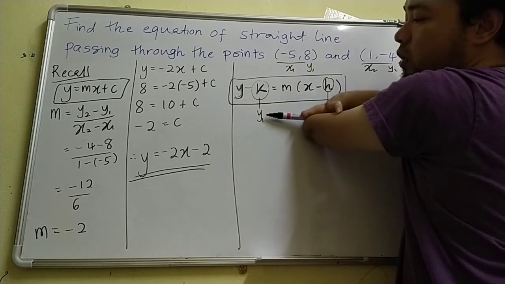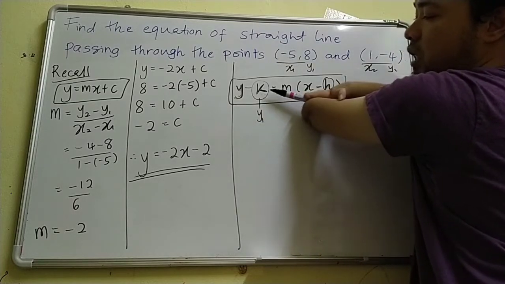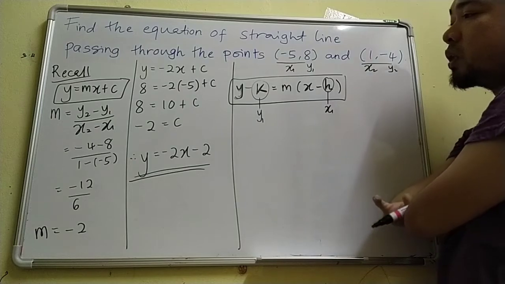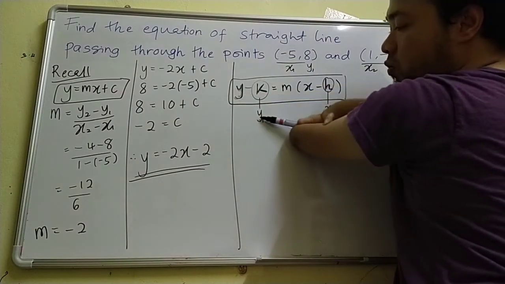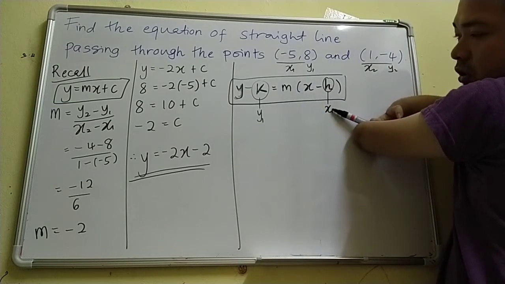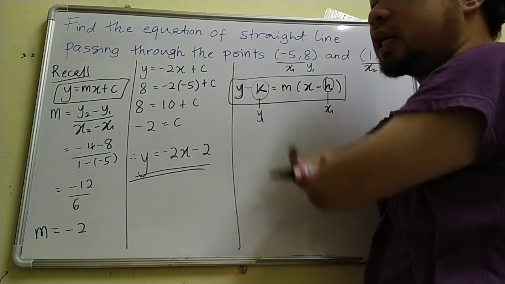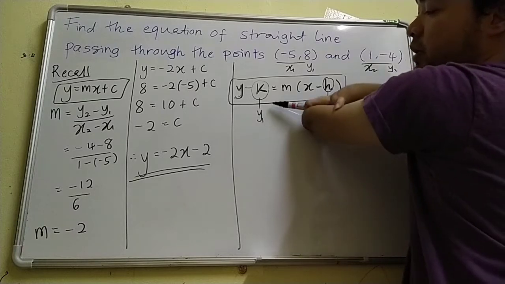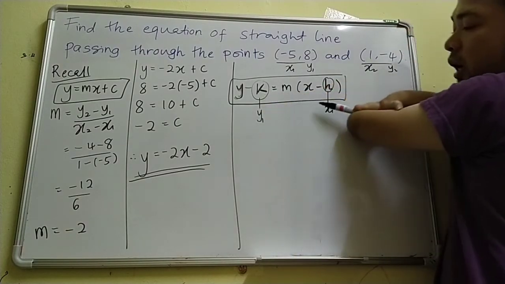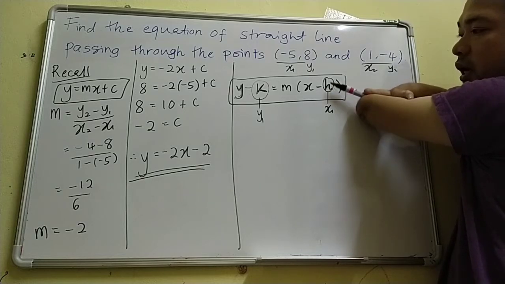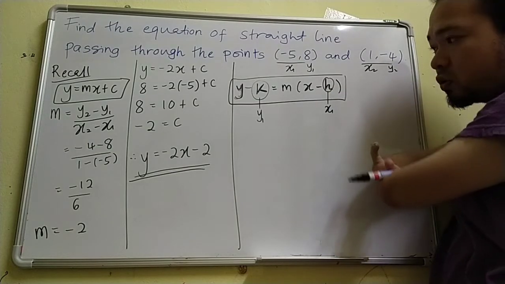But why do I substitute with the letters k and h? Because some students get confused between y and y1, x and x1. To avoid that confusion, I replace y1 with the letter k and x1 with the letter h. Follow so far?